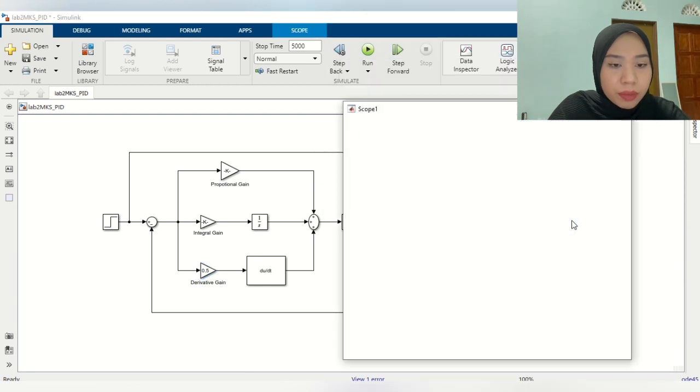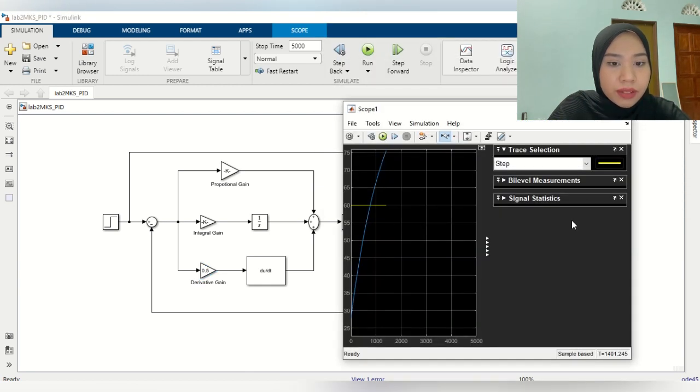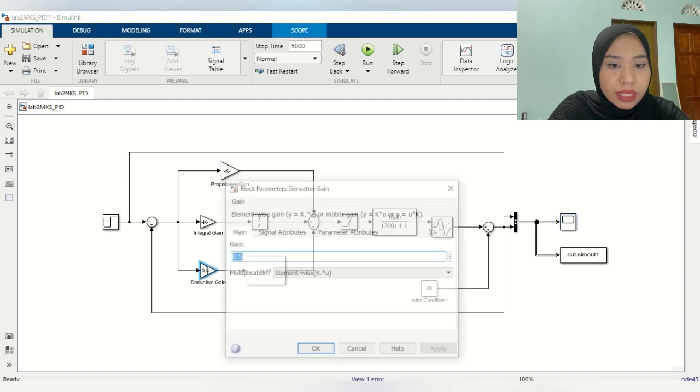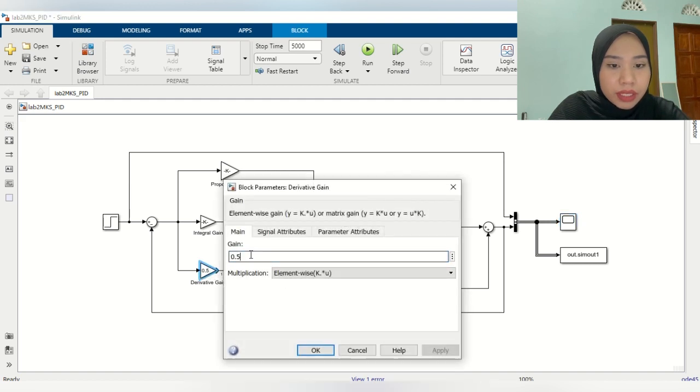This is the output for 0.5 derivative gain. And the procedure is repeated again. The derivative gain is changed to 0.0575.